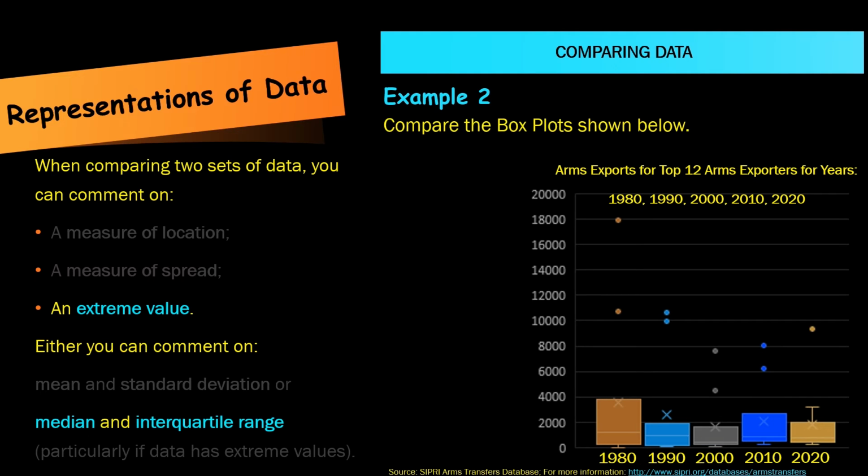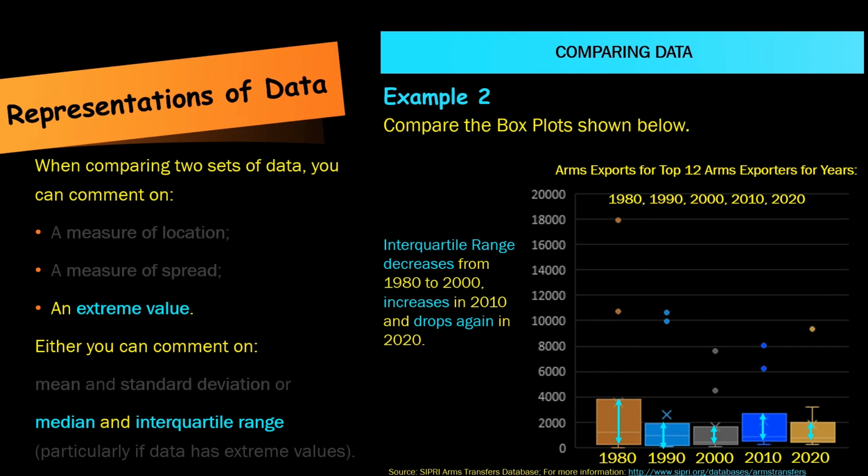Now let's consider the interquartile range for each of the box plots. These are represented in the diagram as shown by the red arrows. What can you notice about them? So let's take a look. The interquartile range decreases from 1980 to 2000.